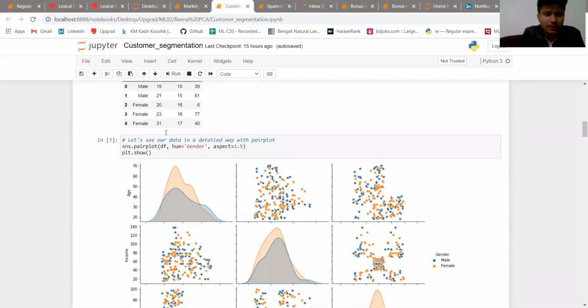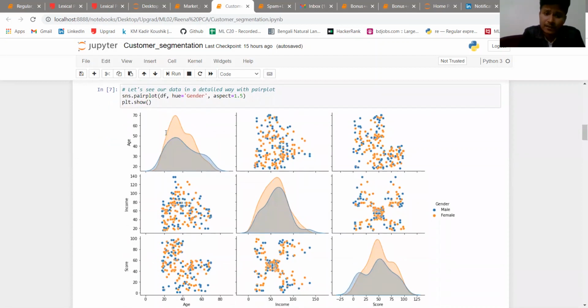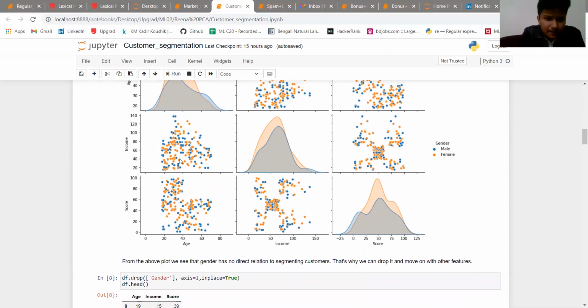Next we will be doing exploratory data analysis on gender. In our pair plot, we have kept gender as a hue. All the blue points are male customers and all the orange points are female customers. We see the relation between income and age, score and income.